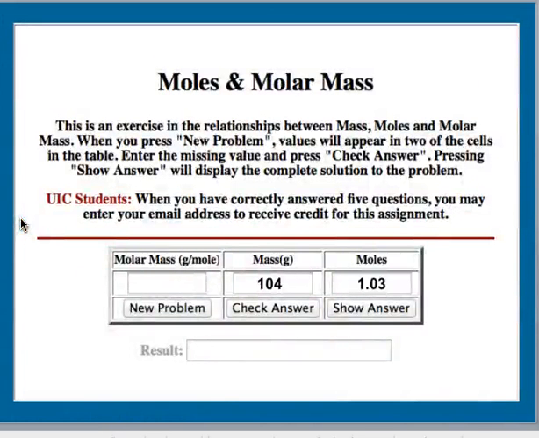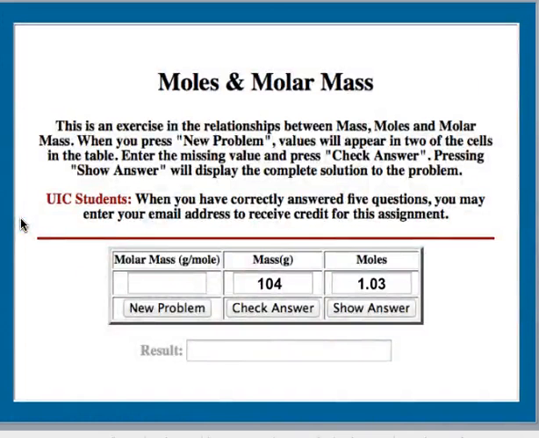All right, this is a very simple tutorial, tutorial number 2. All that you have here is a table, and you have to fill in the missing amount. We are given a mass, we are given moles, and I want you to calculate grams per mole. Well, this one is exceptionally easy because molar mass is grams divided by mole, isn't it?